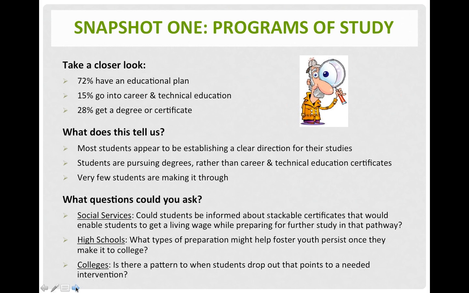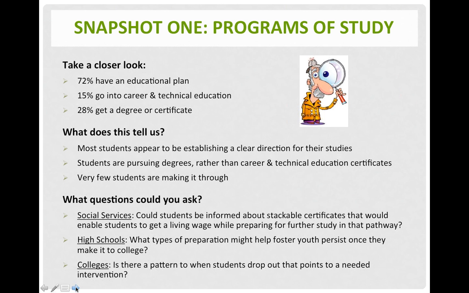And one of the reasons that this is important for foster youth is that if you look at information on earnings gains based on CTE-related courses of study versus general education courses of study, people are much more likely to make a living wage and make a living wage quickly if they're in career and technical education. And so this might be something, a counseling option that you might want to talk to students about if getting sort of a financial floor in place is really critical to their ability to continue their education.